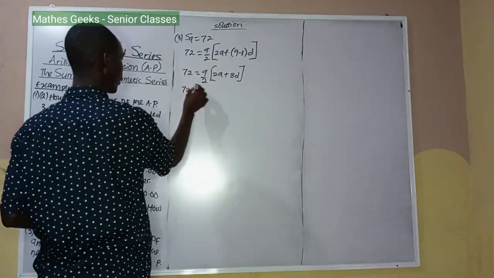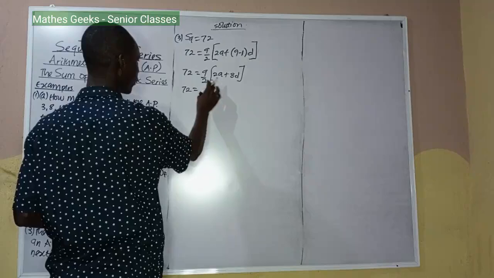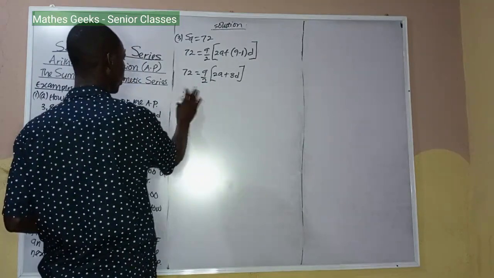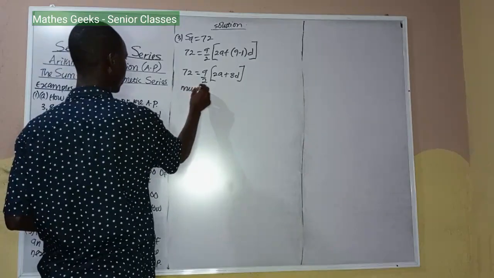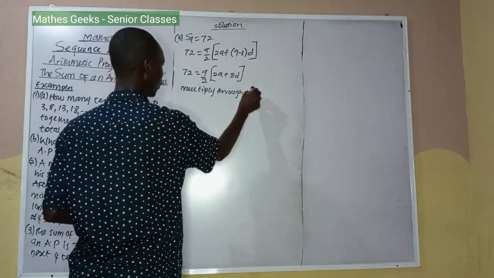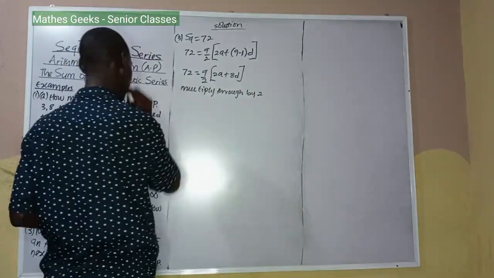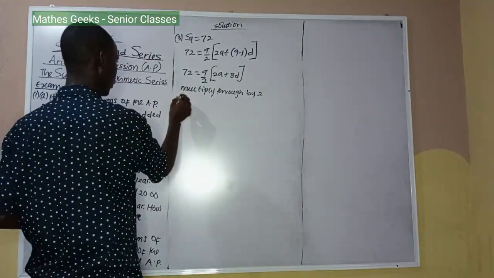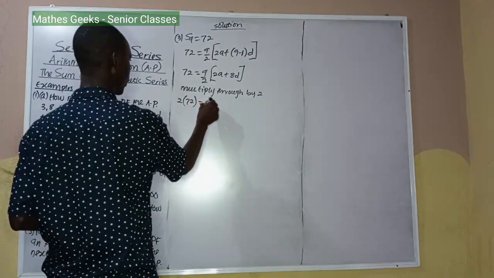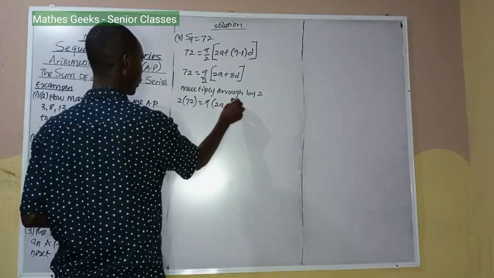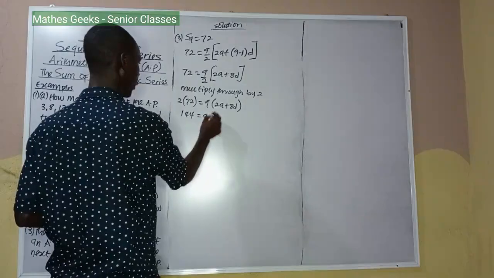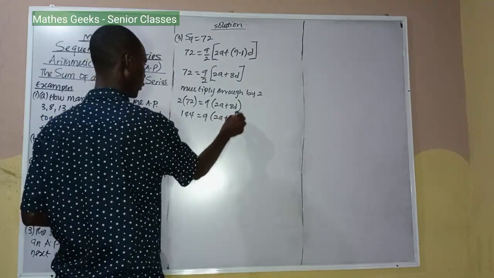So 72 is equal to 9 over 2, 2a plus 8d. Multiply through by 2. 2 times 72 is equal to 9 times 2a plus 8d. This will give us 144 equal to 9 times 2a plus 8d.